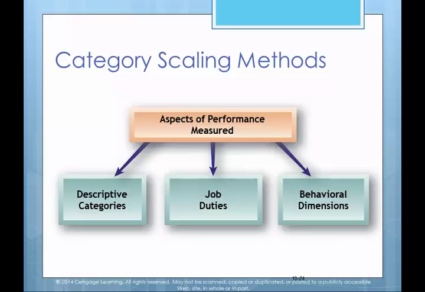So when I talked about the graphic rating scale, that's your typical 1, 2, 3, 4, 5, right? And then you've got the behaviorally anchored rating. They call them anchored or measured against a scale of performance.